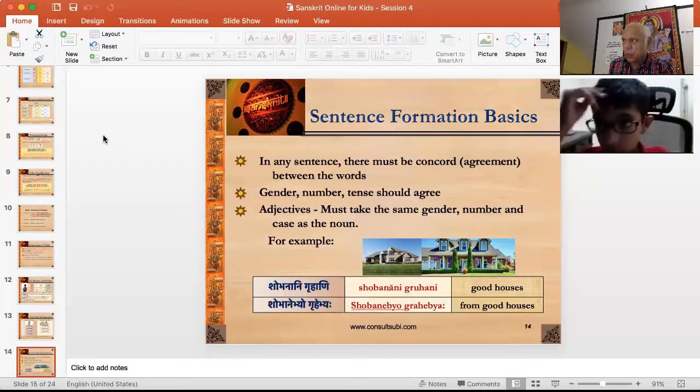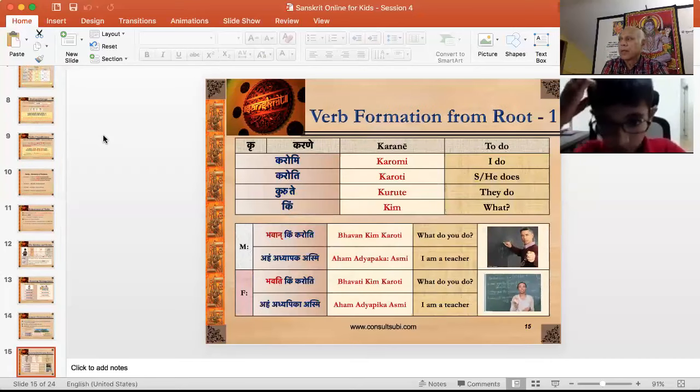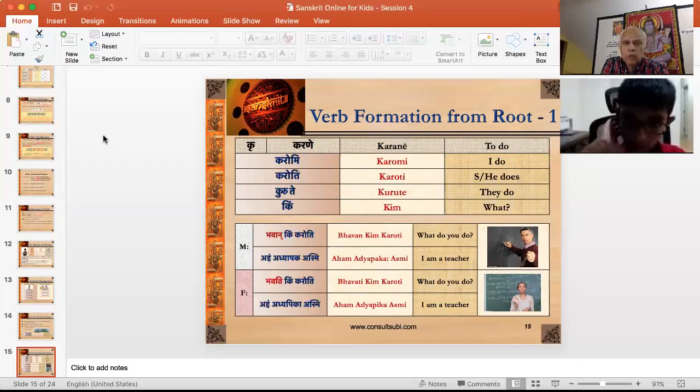Okay, let's go to the next one. Let's see how the verbs get formed from root. I'm just going to give you one example here, which is the root kru. Kru means to do. From kru, you get karane, means to do. You also get karomi, which is the present tense, I do. Karoti, he does.